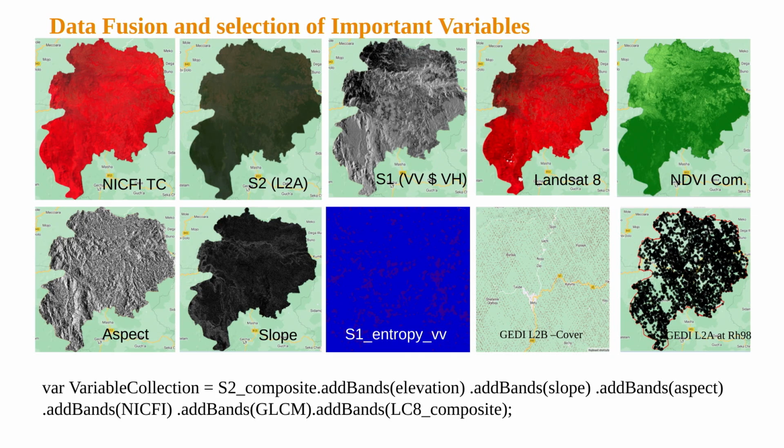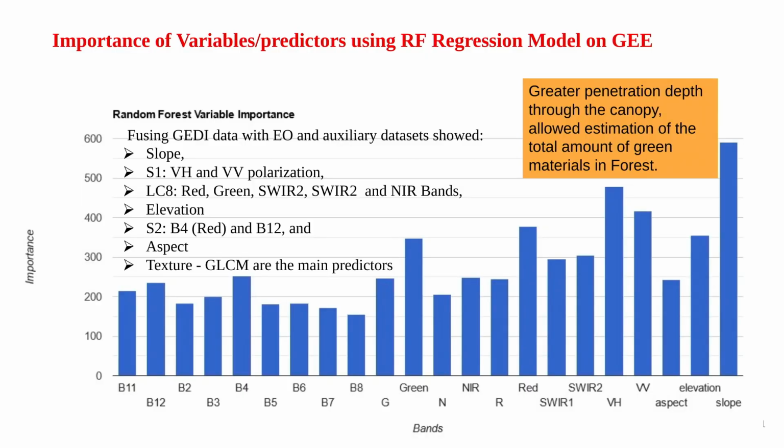GLCM, the gray level co-occurrence matrix, which is texture, is also used to detect canopy height and canopy cover using Earth Engine. These are the importance values. We cannot really use more of the bands, so we have to be selective, and these are the selected bands used to detect canopy height and canopy cover.